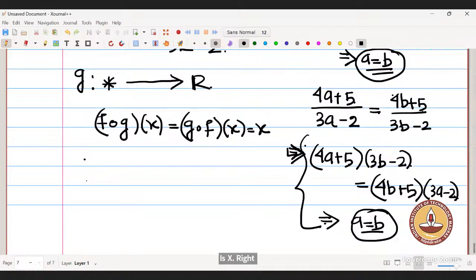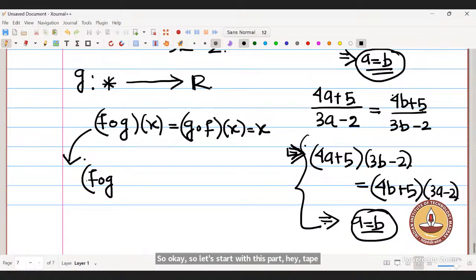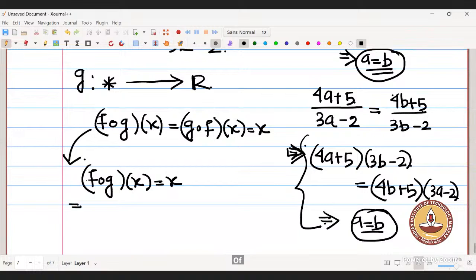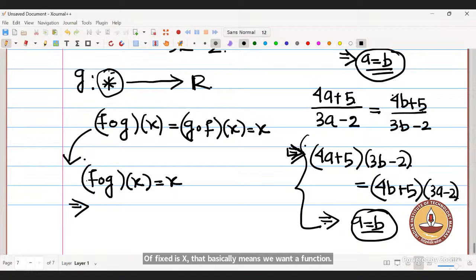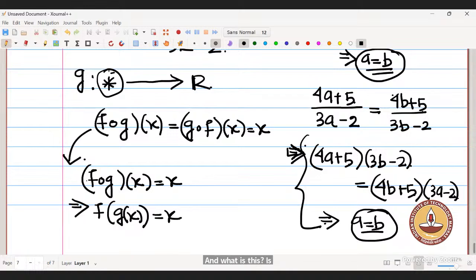So let's start with this part, that f compose g of x is x. That basically means we want a function g from some set to R which satisfies this condition. And what is this? This is f of g of x, which is equal to x, right?